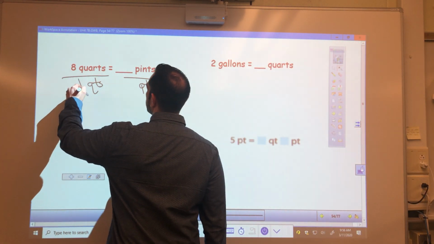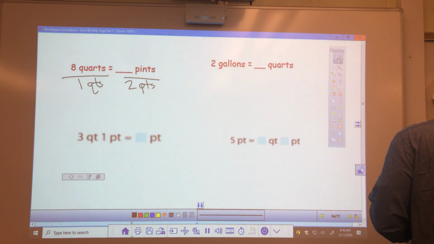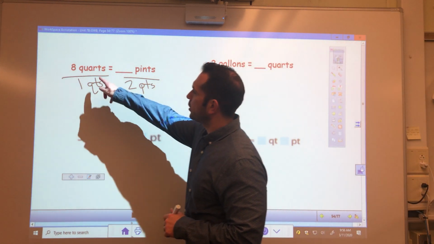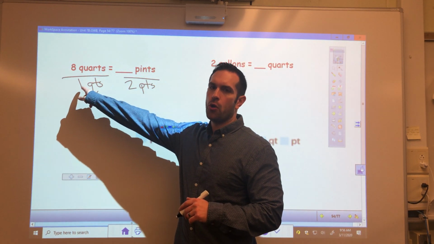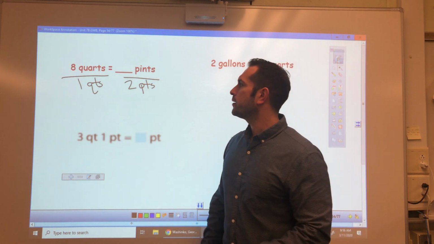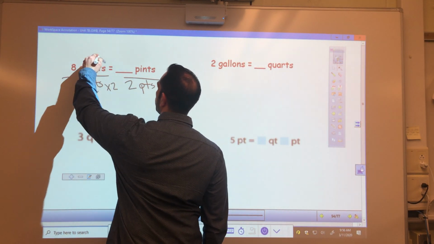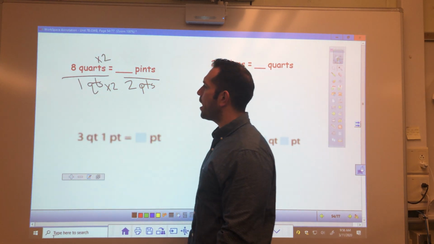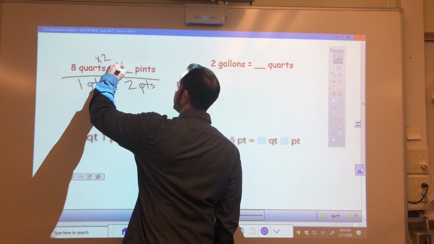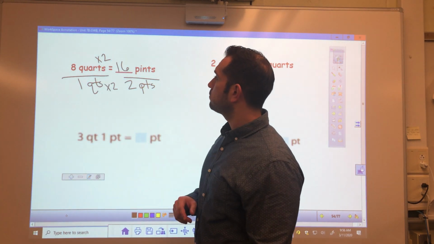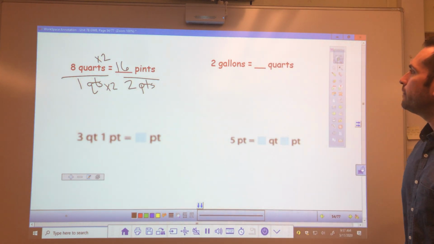So in 1 quart, there are 2 pints: quarts with quarts, pints with pints. Since this is low to high, you multiply. So I do 1 times 2, and I get 2. What you do for the bottom, you do for the top. So 8 times 2 would be 16. That means 8 quarts can be converted to 16 pints, okay?